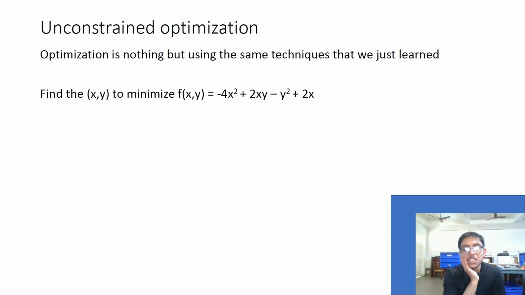So what does unconstrained optimization mean? The values x and y, for this particular example, can go anywhere; there is no limit. That's unconstrained optimization.